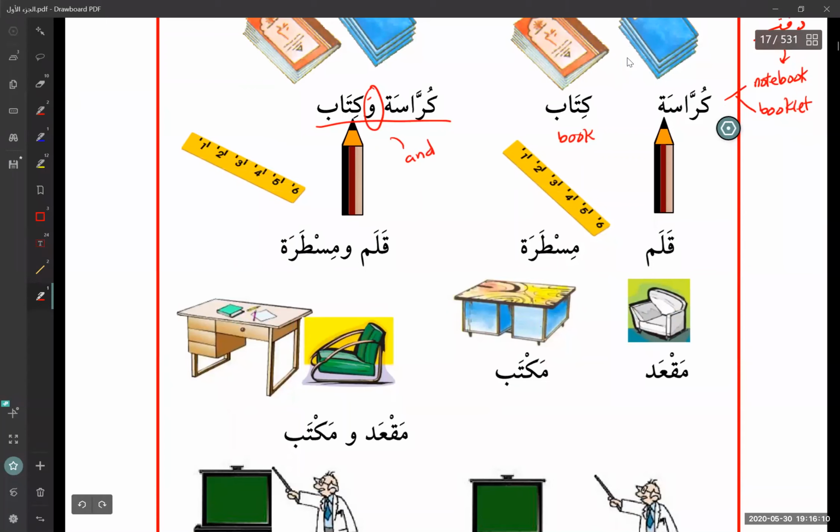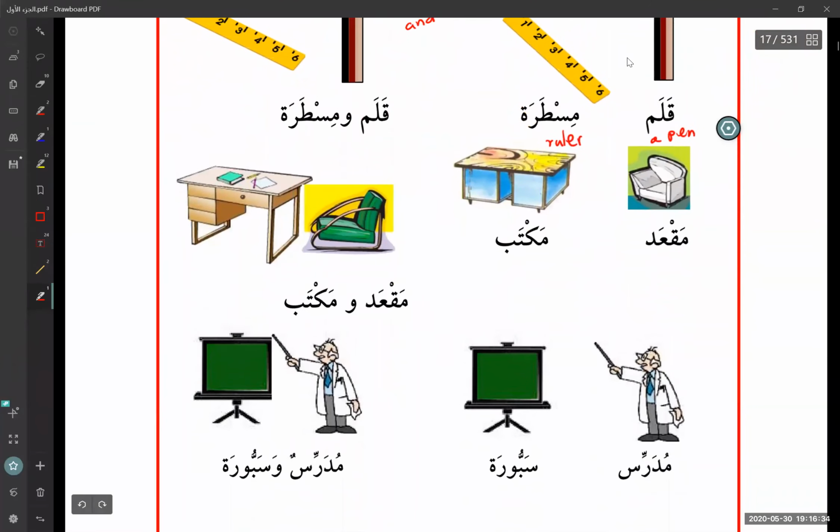For example, the next set of words we have qalam. Qalam means a pen, and mistara means a ruler. And then it says qalam wa mistara, a pen and a ruler.